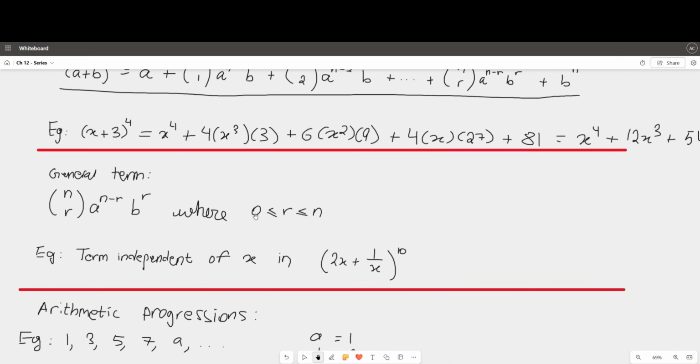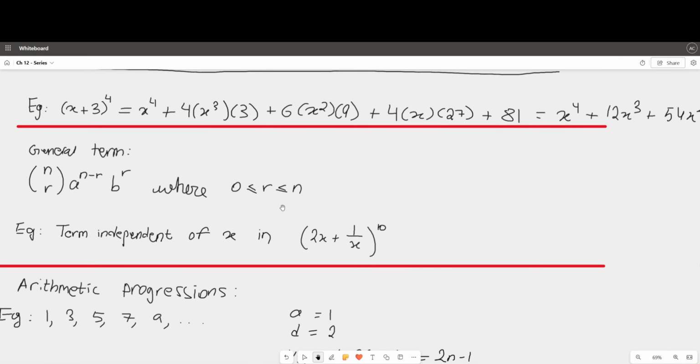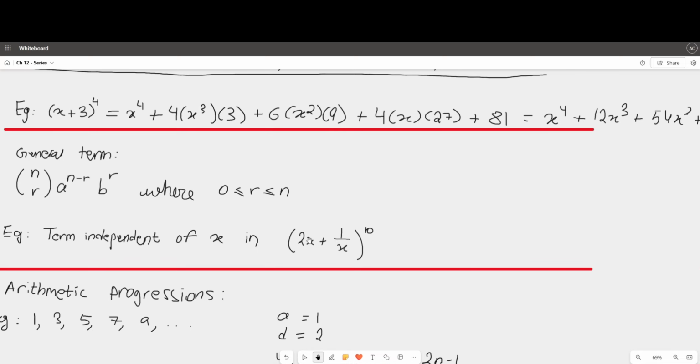So now this general term is actually very useful when you want to find some specific term. So let's say the question asks for a term independent of x in this expansion, well then we're looking for some power of x. So x to the power n minus r is equal to 1 by x to the power of r.